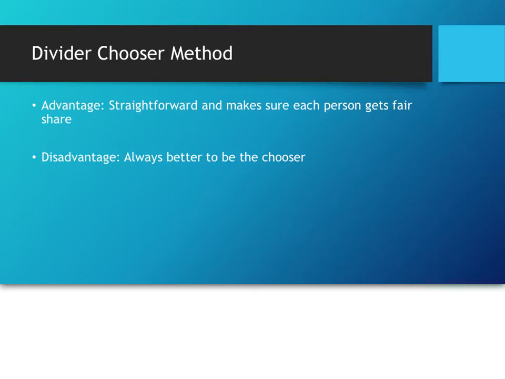When my sister divides things up, if she was in the other shoes, she would think, well, 50-50 is the way she'd divide it up. And I might see one thing as being much more valuable than the other. Okay? So the disadvantage is in the divider-chooser method, it's always better to be the chooser, regardless.